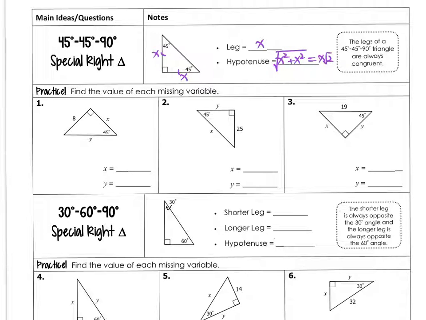Now find the value of each missing variable. If I have 45 in one, and I have 90, I know this one has to be 45 degrees. Immediately this side, x, has to equal 8. And if x is 8, without calculating, I can use this property to know that the other side, y, the hypotenuse, is x root 2, which is 8 root 2.